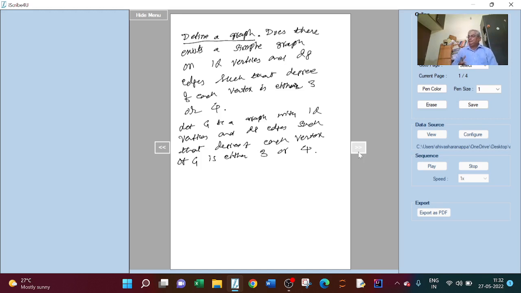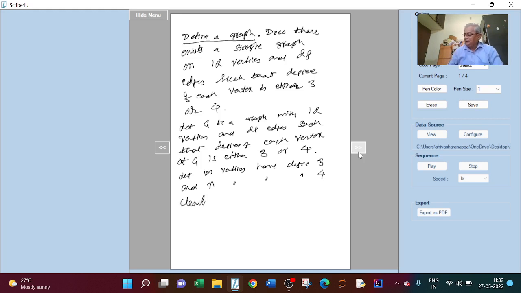Now let me consider, let M vertices have degree 3 and N vertices have degree 4. So M vertices are of degree 3, N vertices are of degree 4.